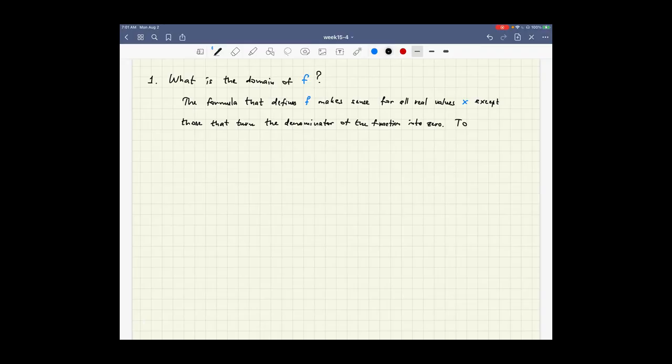Let me write this down. To find these forbidden values, we need to solve the equation x minus 1 equals 0, which of course means x equals 1.